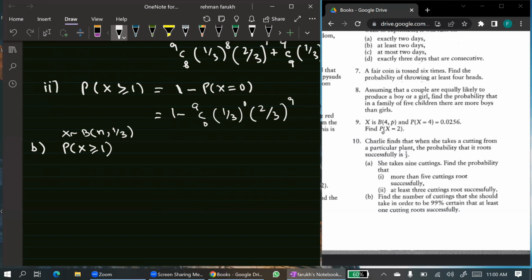We will write down probability of x is greater than equal to 1 is equal to 0.99, that at least one cutting will root successfully.